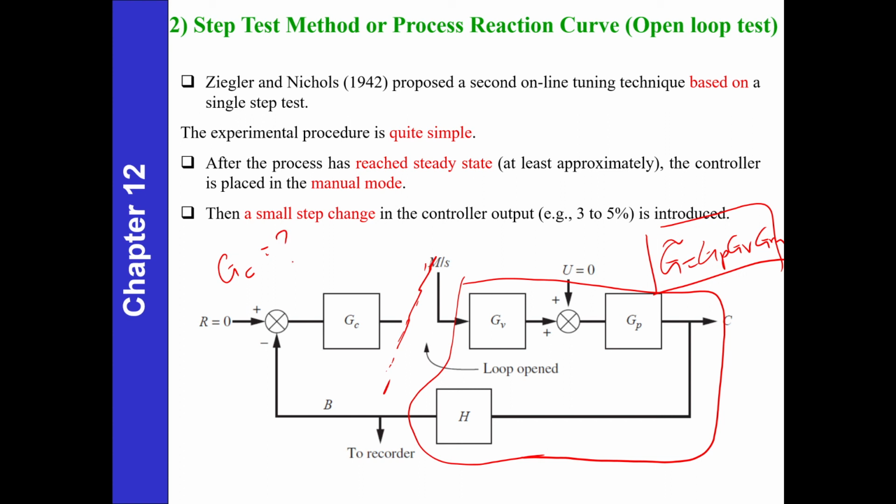But during our direct synthesis method, we derived from a closed loop transfer function, and then we got GC equal to something. When we have a real machine, we don't have a transfer function for each of these, but we have a physical machine or a real plant. So we want to determine our process model. This is all about the step test method.